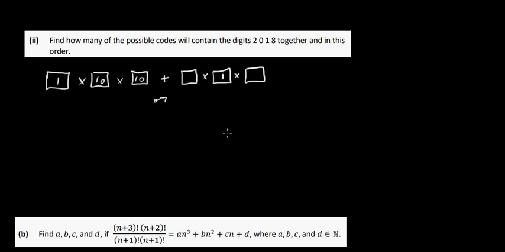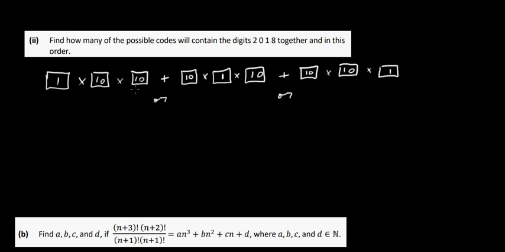So we have only one possibility there, which means we have 10 possibilities for our first digit, and 10 possibilities for our last digit, but only one possibility for the middle 4. Or again, the other possibility, so that's plus again. We have our 3 boxes again, multiplied. We could put these 4 digits at the end, so we've only got one possibility for our last 4 digits. So we have 10 possibilities for our first digit, 10 for our second digit, and then only one possibility for our last 4 digits.